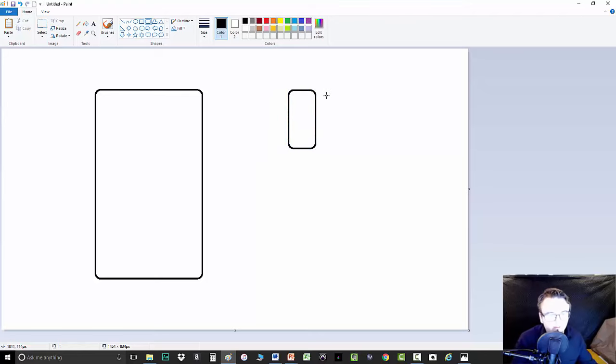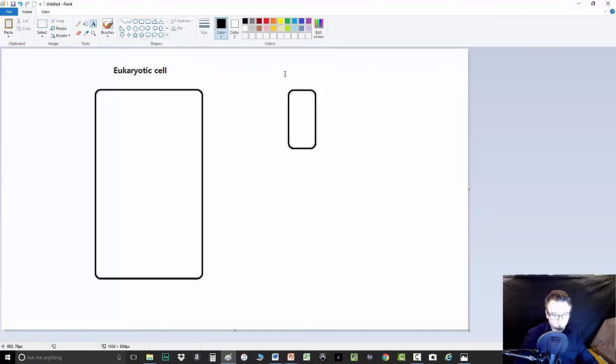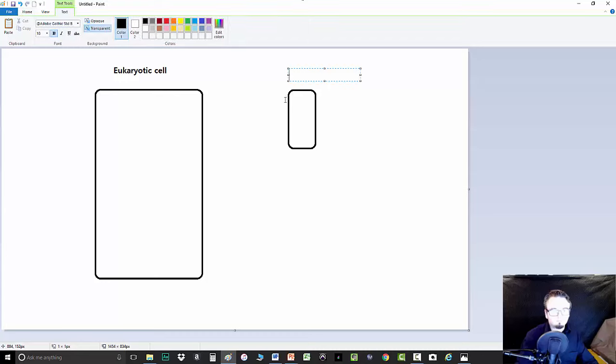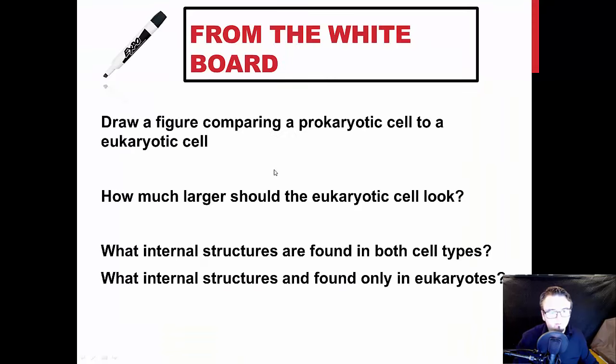So here's our eukaryote, here's our prokaryote. Okay. So there's our size comparison.